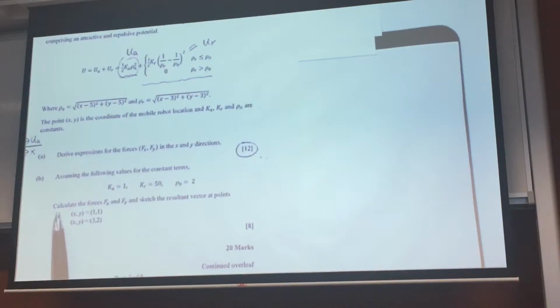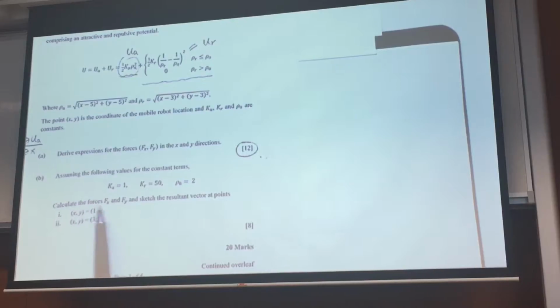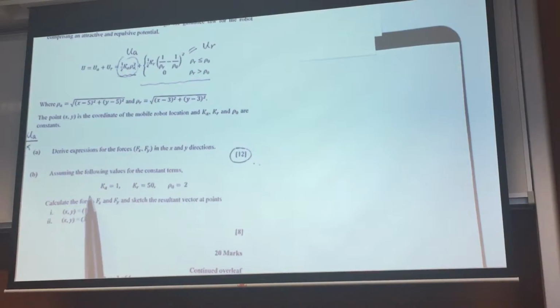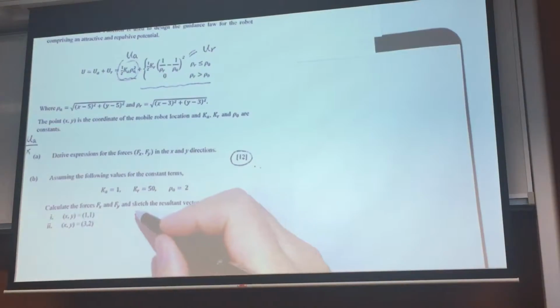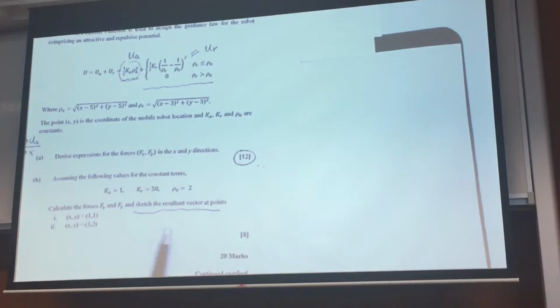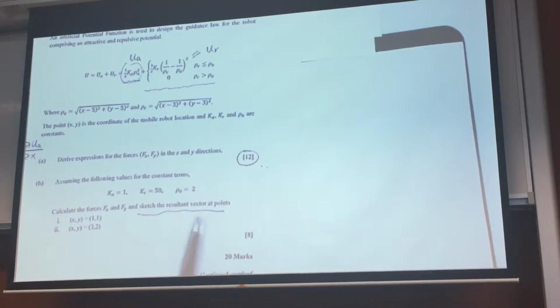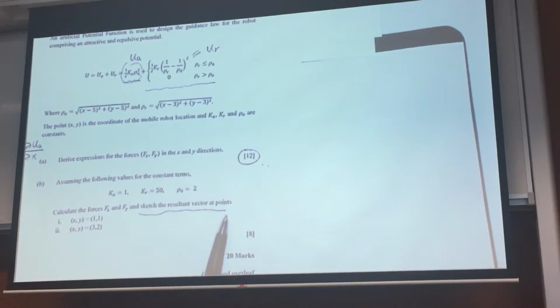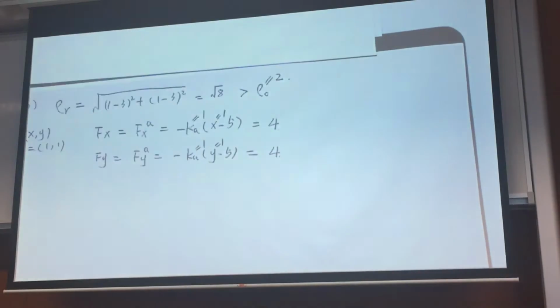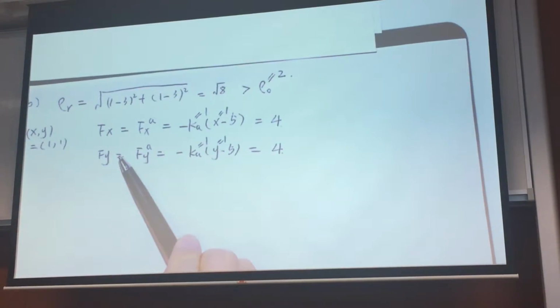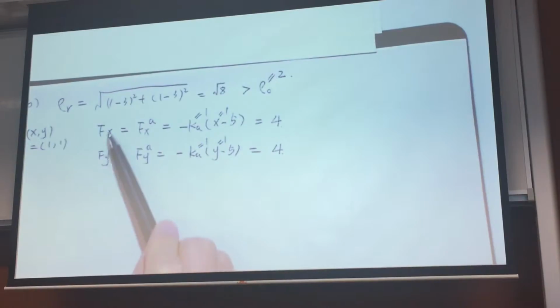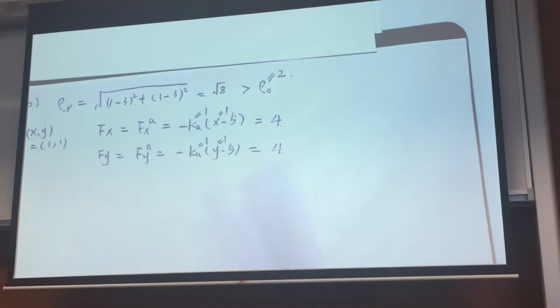In this question, you are required to calculate the force. So far we already calculated the force fx and fy, and you are also required to plot the vector at the point. The force vector has directions, and now you already have the components for x and y.